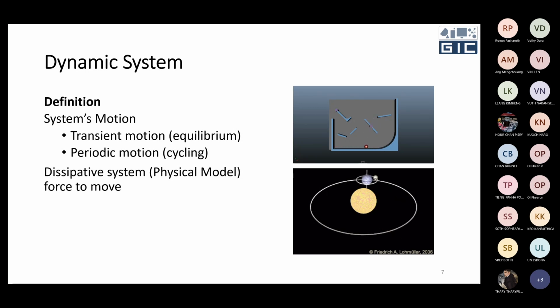A periodic signal is a kind of signal that repeats a specific pattern in a period of time, a cycle.